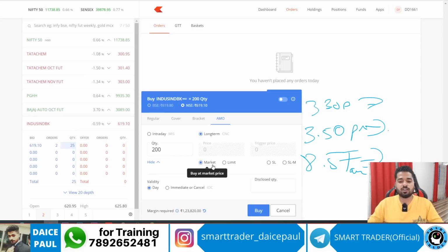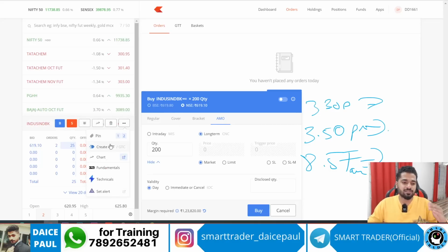The accuracy or the way it triggers very quickly is market order, but be careful, you don't have any guarantee at what price it's going to take. It's going to be a major fluctuation. You also have an aftermarket order which you may not use much considering you are an intraday trader, and also you have something called GTT order.